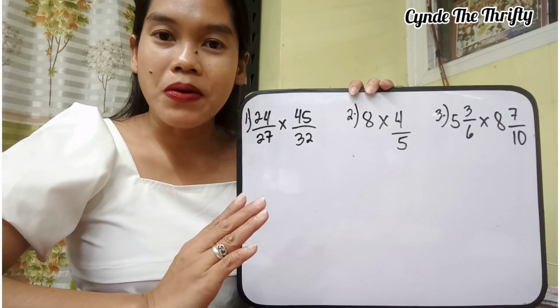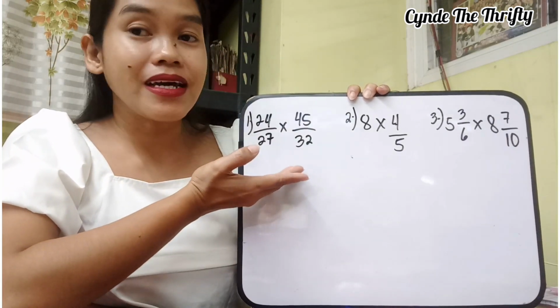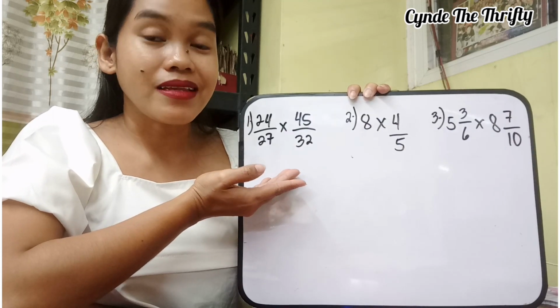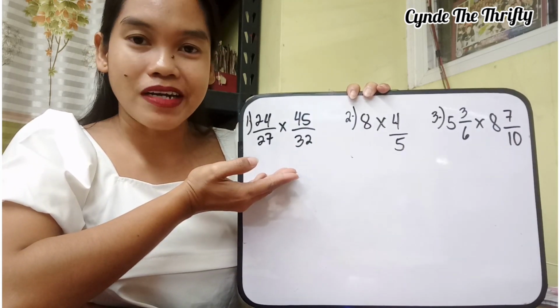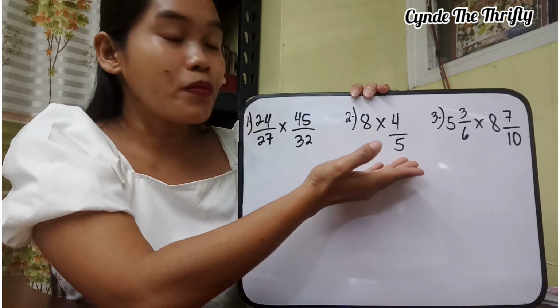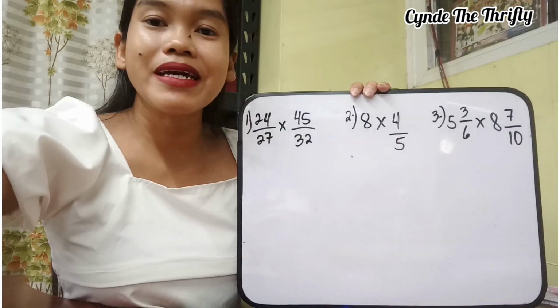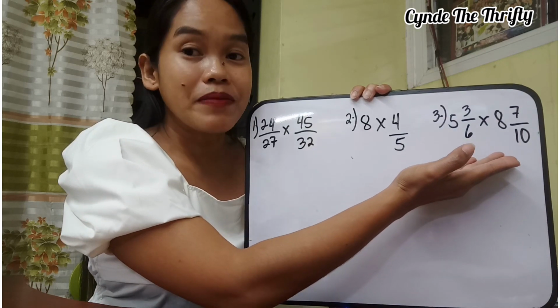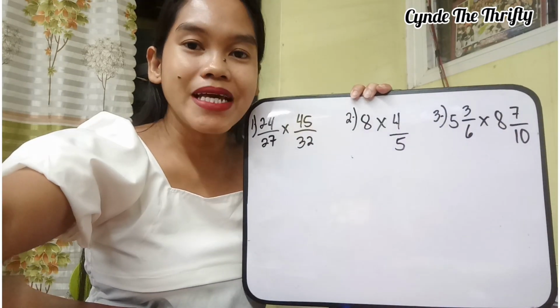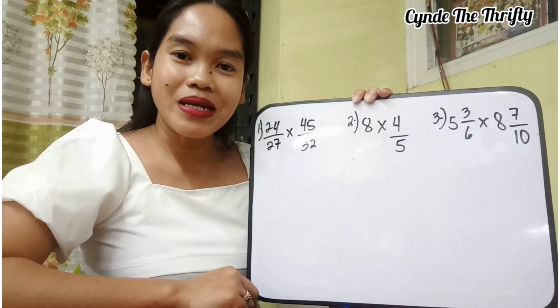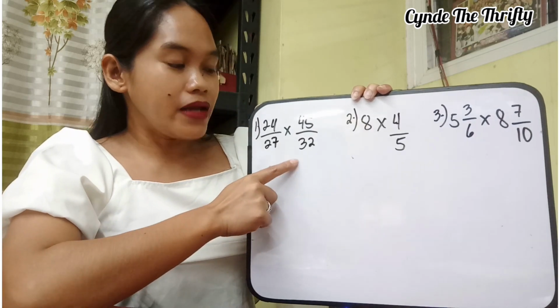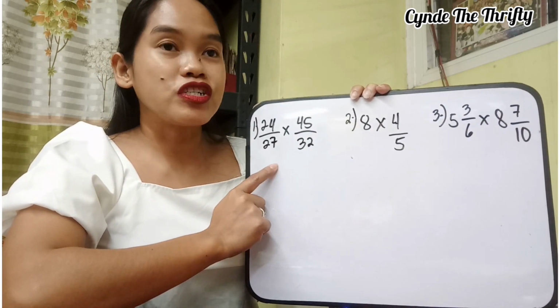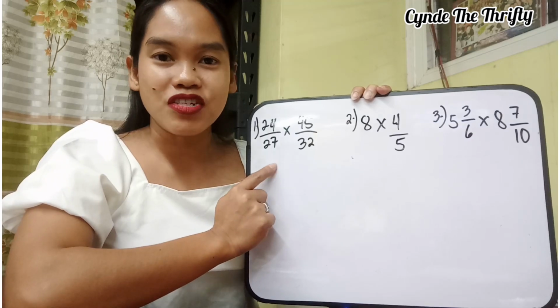Okay, so look at our board. So, paano natin i-solve kapag ganito yung mga fractions natin or kapag malalaki yung ating mga fractions? And paano rin i-solve kung meron tayong whole number or multiplication of fractions with whole number? And paano rin naman i-solve kapag multiplications of mixed fraction? So, ang susunod nating tutorial is about kung paano natin i-multiply yung mga fractions na malalaki using the cancellation method.